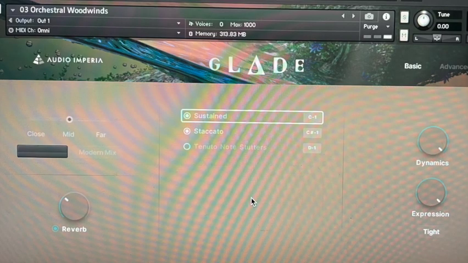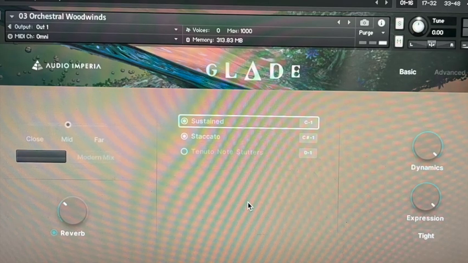High winds. Actually, it's orchestral winds, but I spread it in two batches. Like high winds. And low winds.